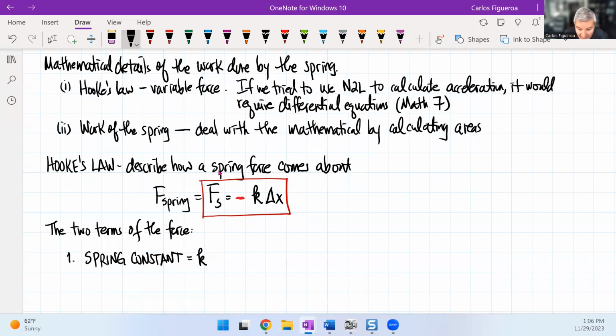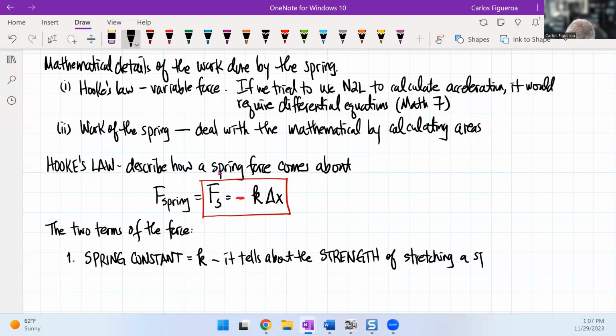So what is a spring constant? It tells us about the strength of stretching a spring or changing its distance.